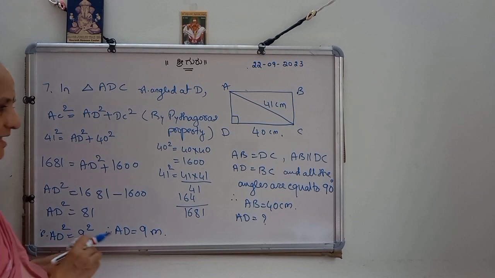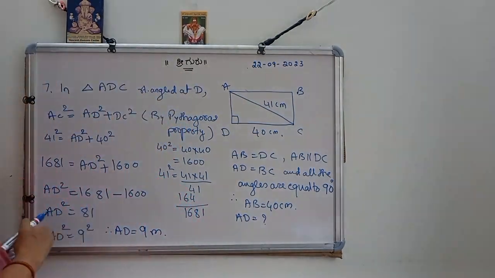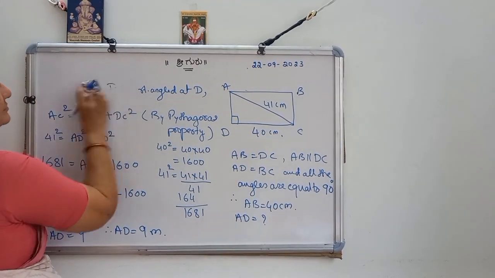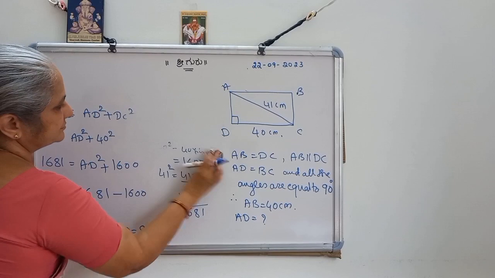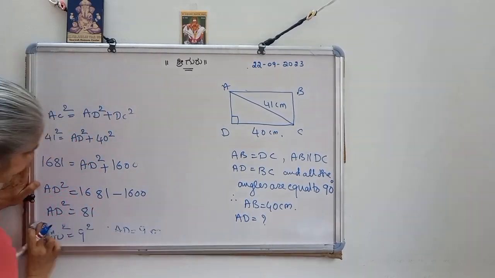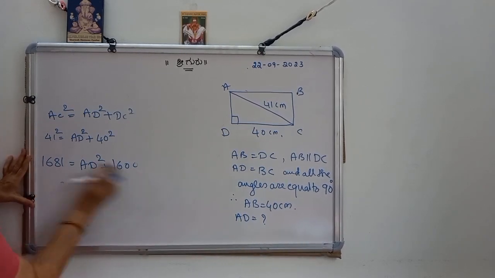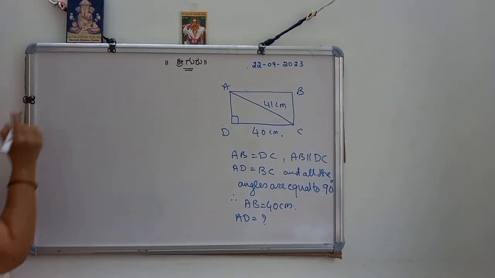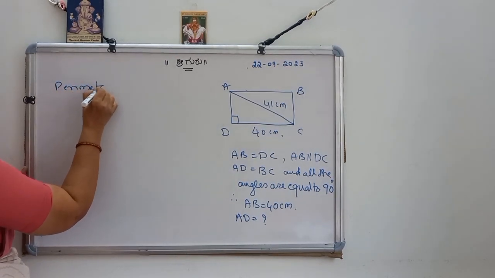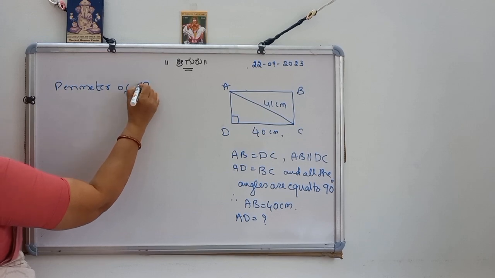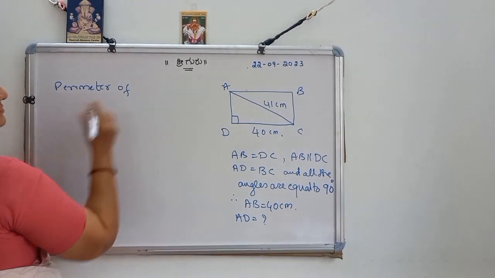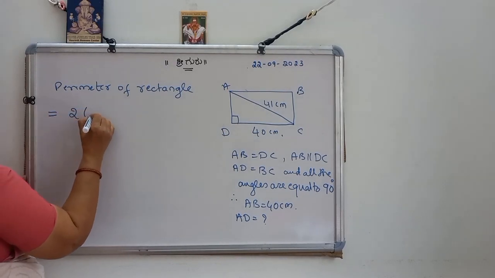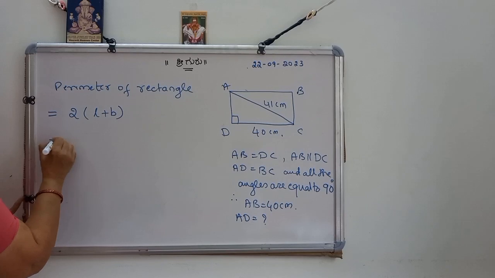Now, when we find AD is equal to 9 meters, then the perimeter of the rectangle is found by the formula: perimeter of rectangle is equal to 2 times length plus breadth, which is 2 into bracket.